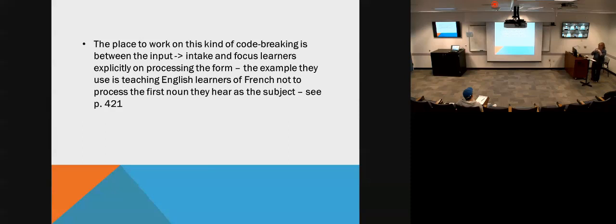The example they give you is on page 421. It's an example from a French causative: Jeanne fait promener le chien à Marie. Which means John makes Mary walk the dog, right?